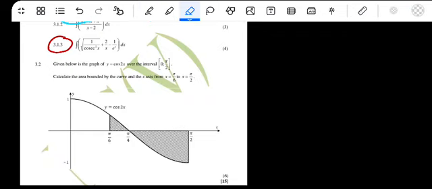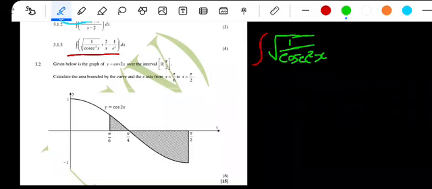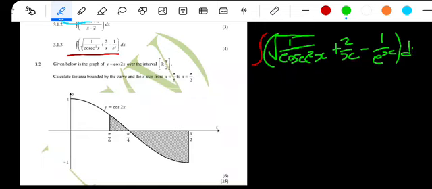You can see it here. We have to find the integral of the square root of 1 minus cosecant squared x, all inside the square root, plus 2 over x minus 1 over e raised to the power of x, and obviously there will be dx.